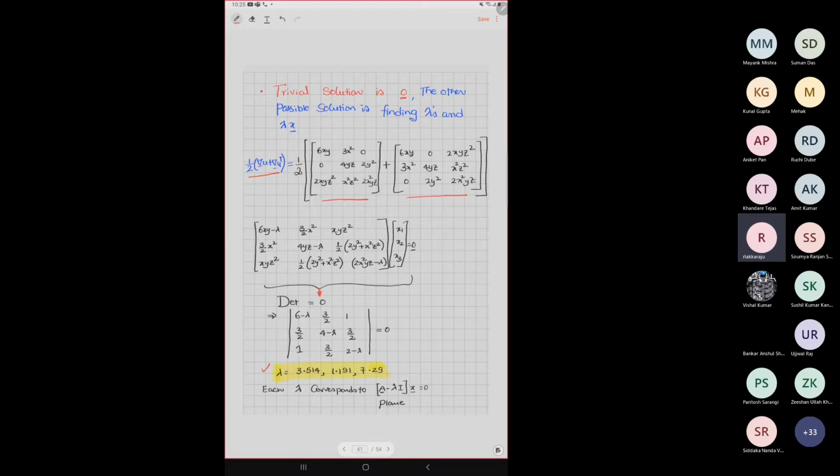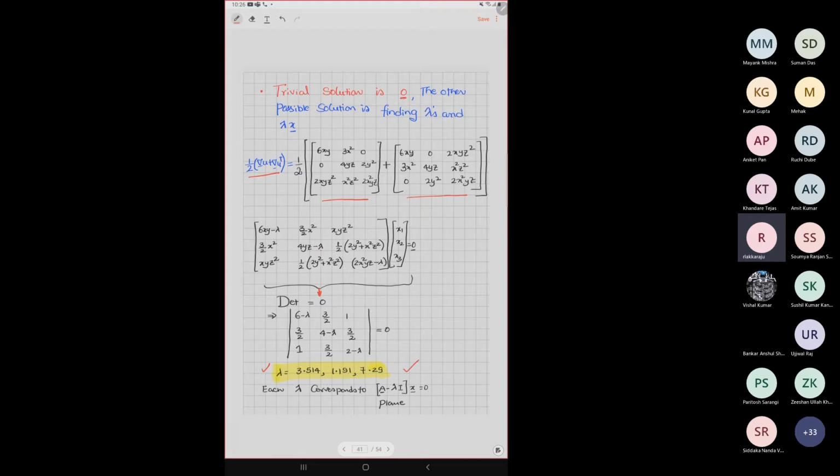The principal direction tells you the amount it can stretch in the other direction. 7 times it can stretch in the other direction. That kind of condensed information, how far it gets stretched, is straight away given by your eigenvalues.